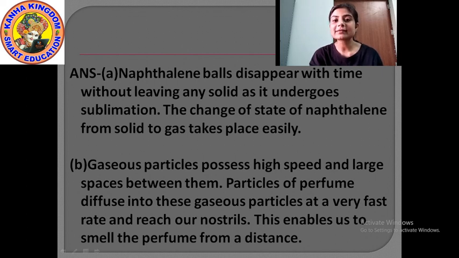Sublimation is a process in which the solid is directly changed into the gaseous state. And these naphthalene balls go through sublimation easily. That is why this naphthalene ball disappears without leaving any solid. That means it changes into the gaseous state.